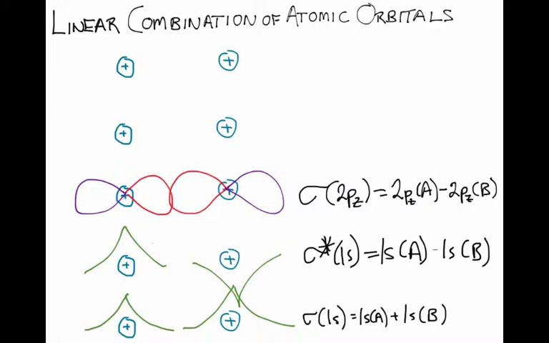If I have the 2pz orbital for A, the left-hand nucleus, minus the 2pz orbital for B, so the different p orbitals have opposite signs, then I get this positive overlap in red between them. That's another configuration that is lower in energy because it's going to have basically two nodes, where those p orbitals individually have nodes near the nucleus, but it's going to have a large blob of one sign in the bonding area between the two nuclei.